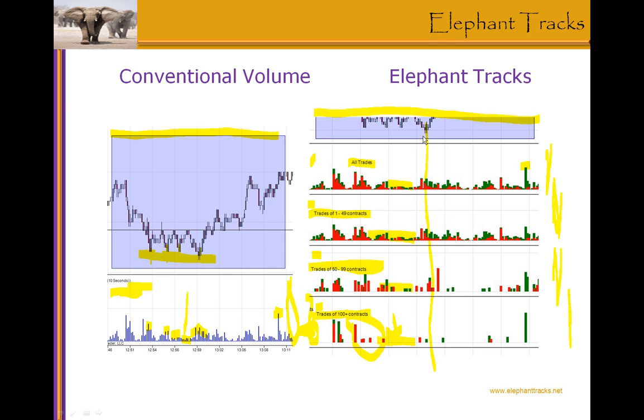And then when it breaks through, this is where I think the insight comes really valuable. We have increased volume, and first of all, we know that not a lot of it's coming from the large traders, and what volume is coming, this is really the insightful part, is coming on the buy side.